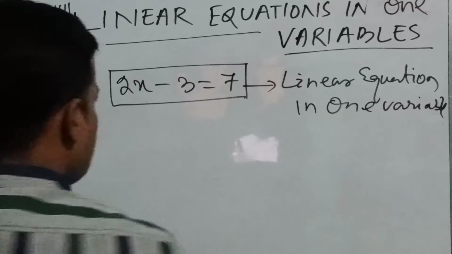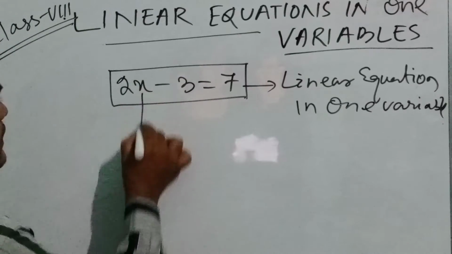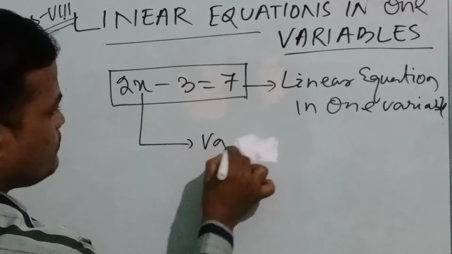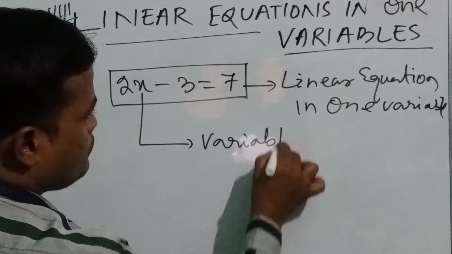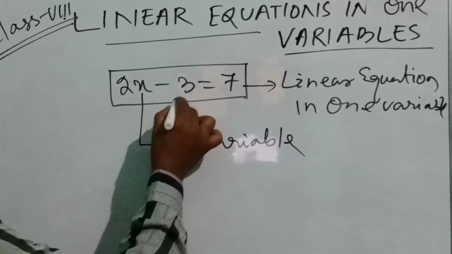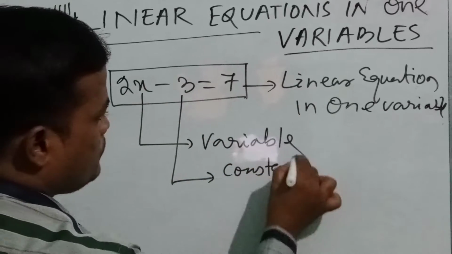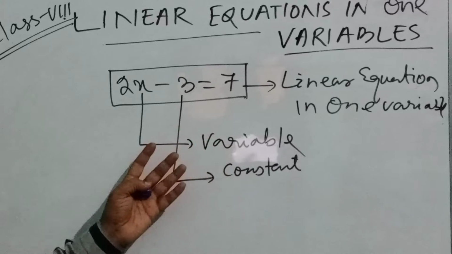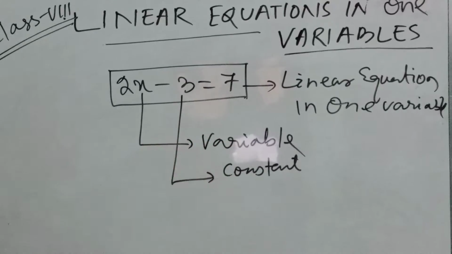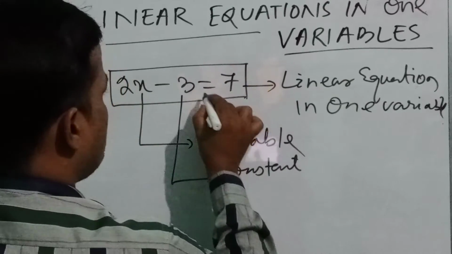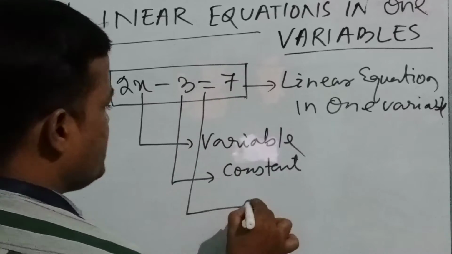Okay. So in this case, you see, this is variable, this is called constant, and this is the sign of equality.